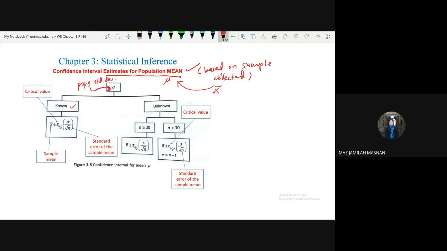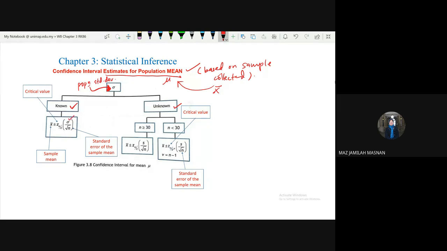Now, whenever you have a question, identify: is your sigma given or known, or is your sigma unknown? If your sigma is known, it means that your calculation of your confidence interval will be based on sigma.